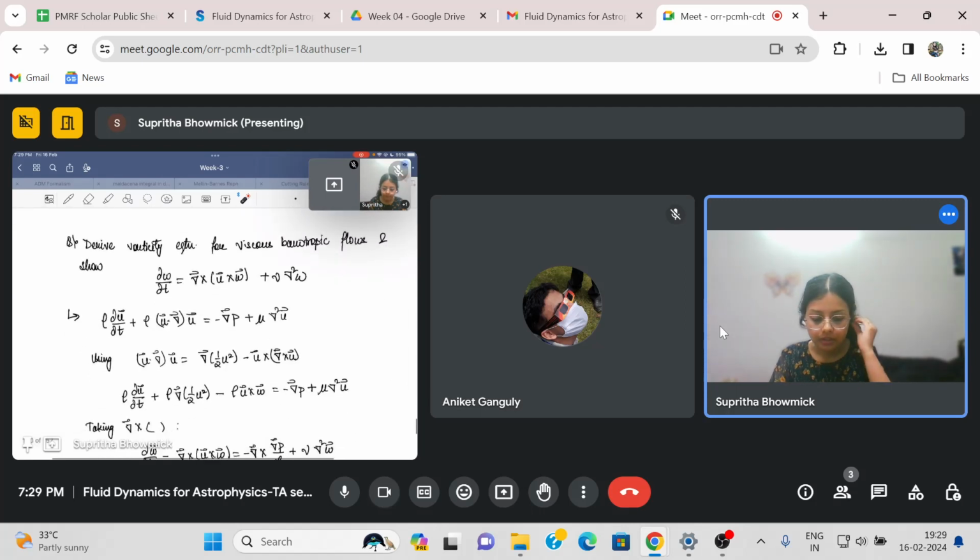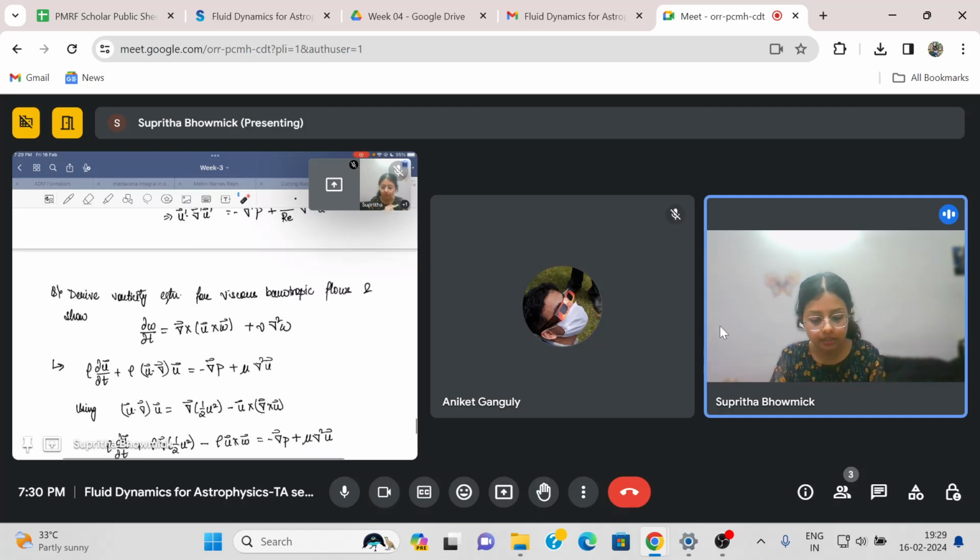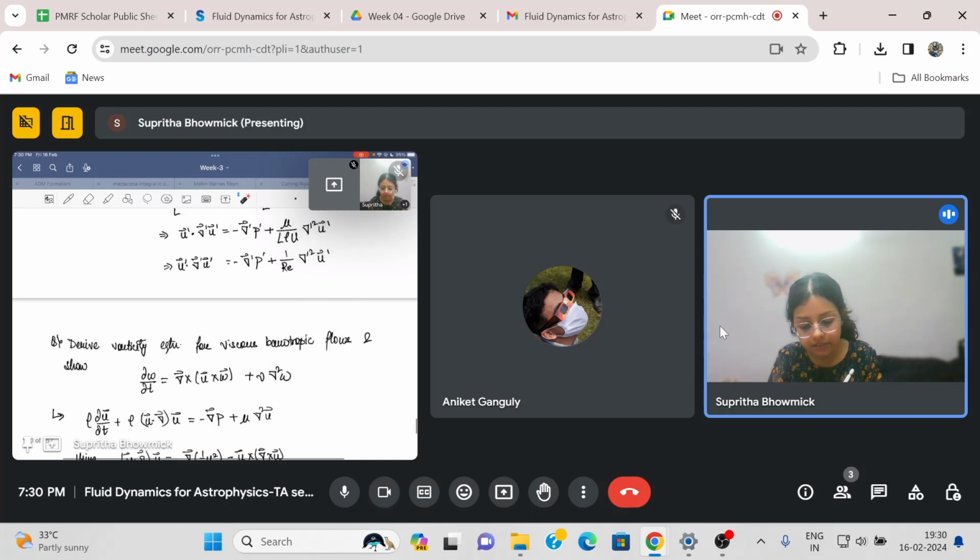Okay. I'm going to solve a couple more exercises that were left in the lectures. One of them was deriving the vorticity equation for viscous barotropic flows, and you had to show that this is the equation it follows. If you remember, the vorticity equation for inviscid barotropic flows was derived in the lectures, and that equation only had this term.